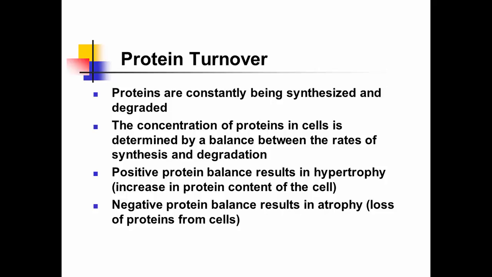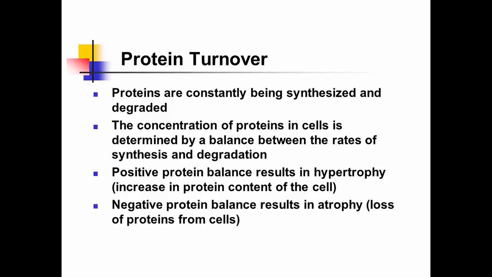So the turnover rate is very important in determining the concentration of specific proteins in the cells. A positive balance can result in so-called hypertrophy, which increases the protein content in the cells, and a negative protein balance results in atrophy, or loss of proteins from the cells.